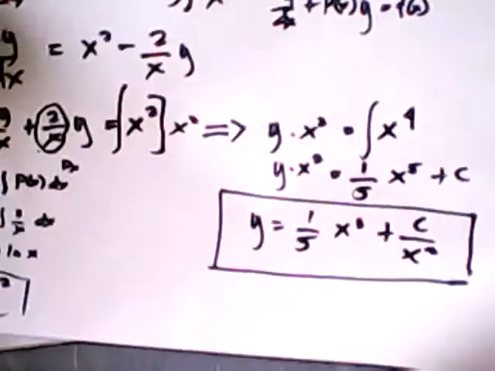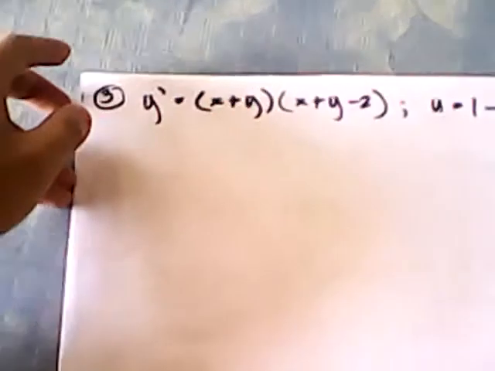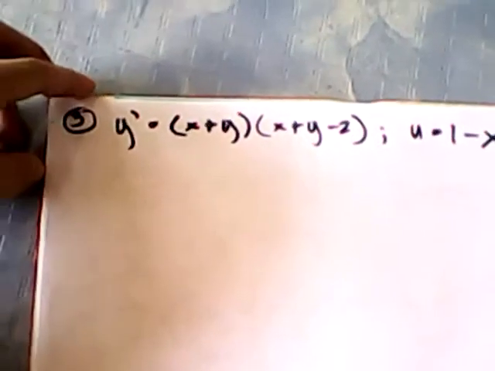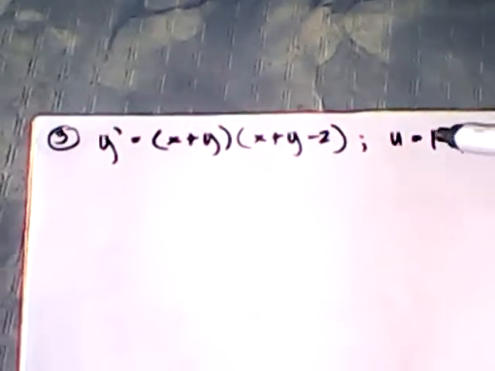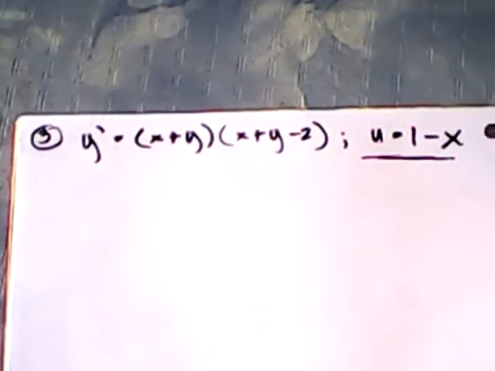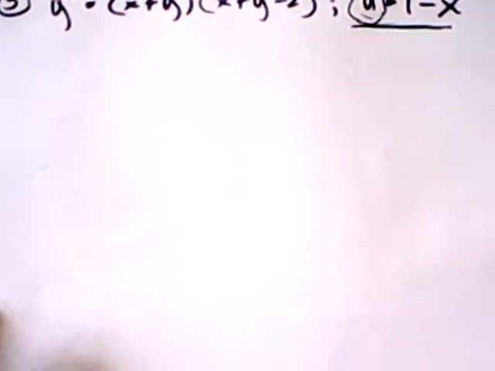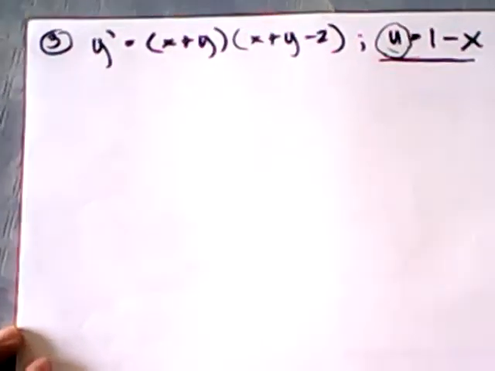The third problem is getting the general solution also, and we have the substitution. Since there's a u, we have to have a u in our equation, so we have to let u.